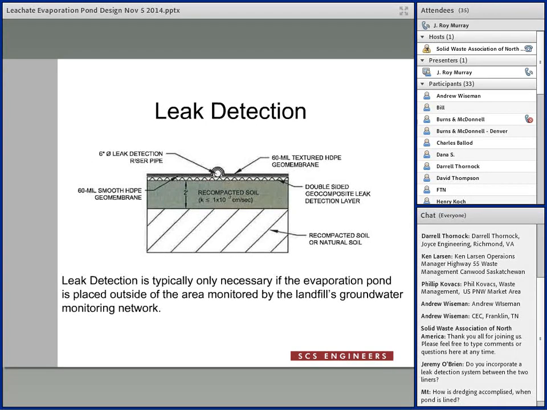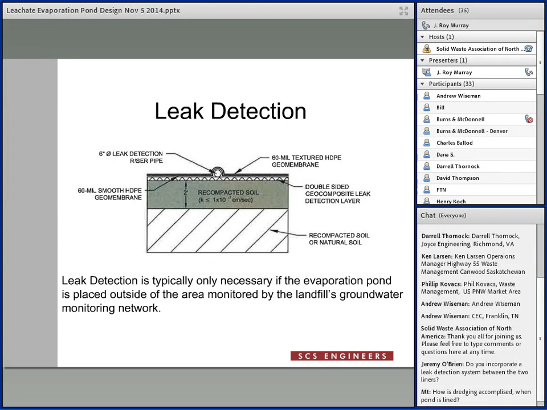On the leak detection, basically what you would do is place a double-sided geocomposite below the two layers of HDPE and above your soil liner component, and that would obviously detect any leakage that's coming through the two geomembranes.